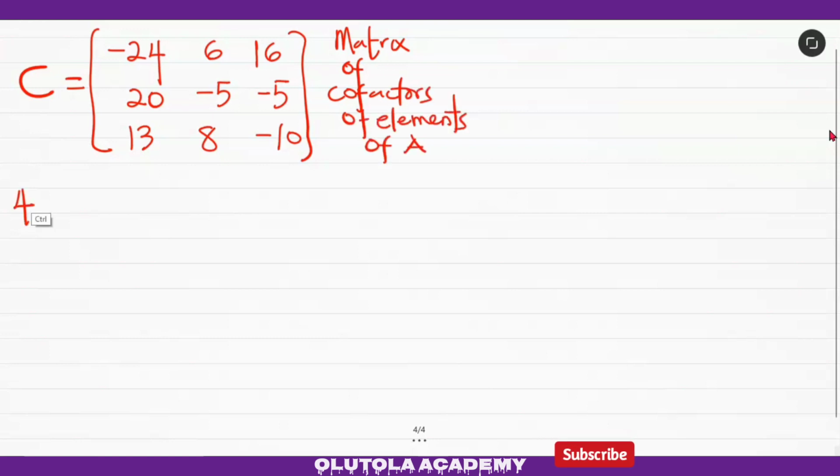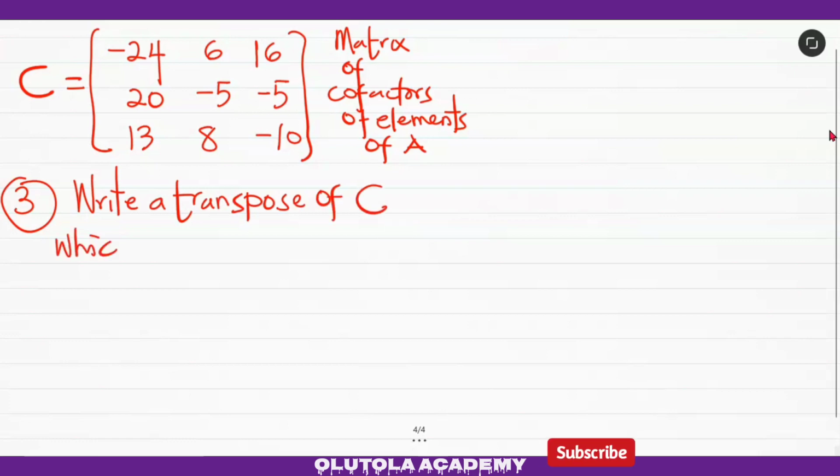So the third step to find the inverse of this square matrix is to write the transpose of matrix C, which we write as CT. For the transpose of a matrix, the rows turn to columns, and the columns also turn to rows.